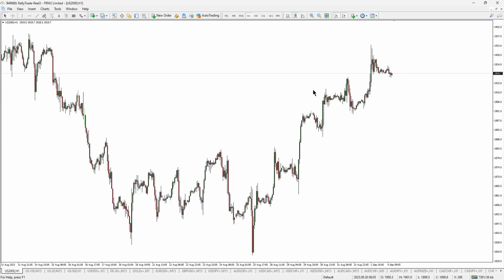Now, basically, I'm going to show you what I would do if I want to take a trade now. This is exactly what I try to do whenever I want to take a trade. This is from a technical point of view.